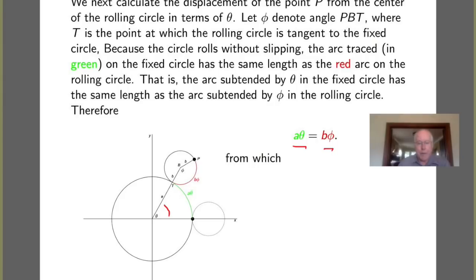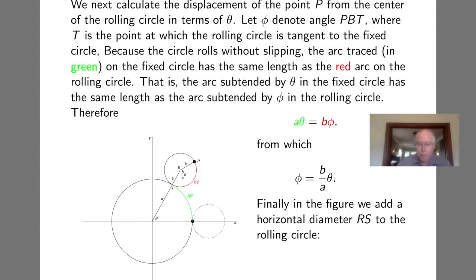Again, those have to be equal if the rolling circle moves without slipping. And so from the fact that those two things are equal, we can solve for phi and find that angle phi equals b over a times theta.